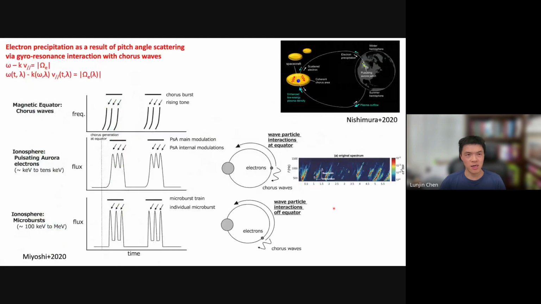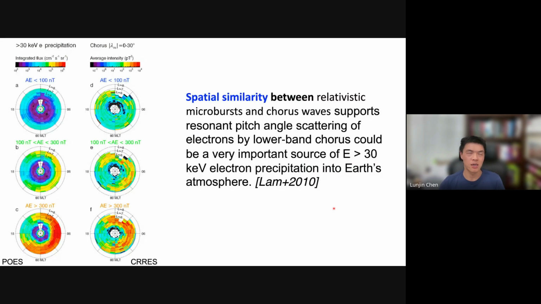Okay, so I think there's some more evidence to support this idea that chorus wave is the primary driver for the electron microburst. If you look at the statistics between the chorus wave intensity and the electron precipitation flux, this from the POES, this from the CRESS for the equatorial chorus wave intensity, you can see that both the electron flux and the chorus wave intensity increase with increasing AE index, as expected.